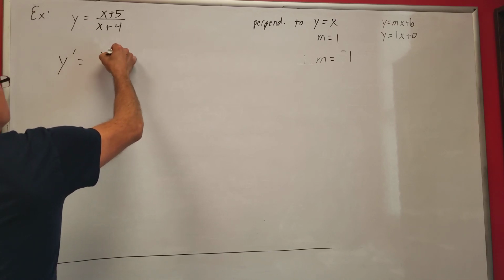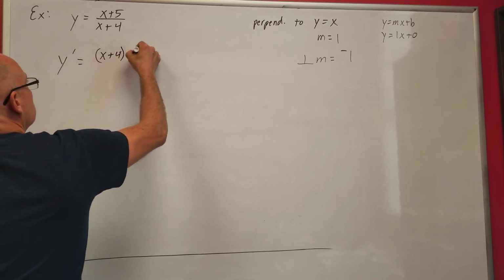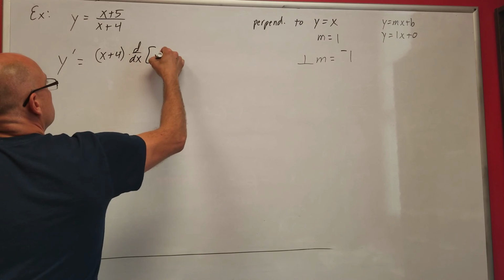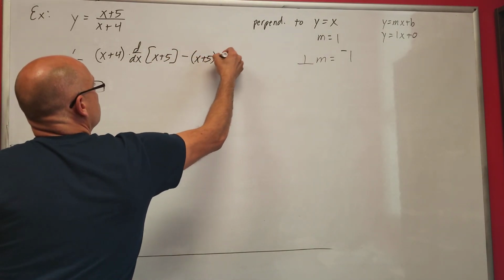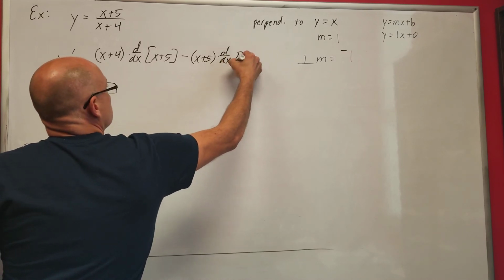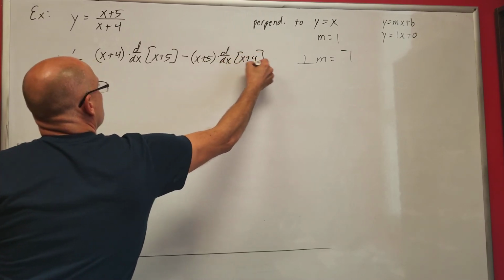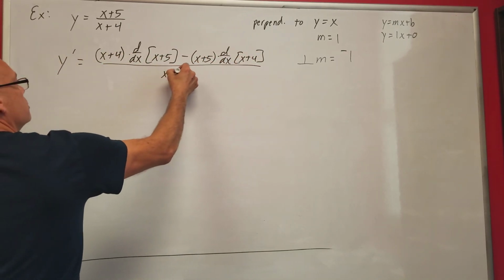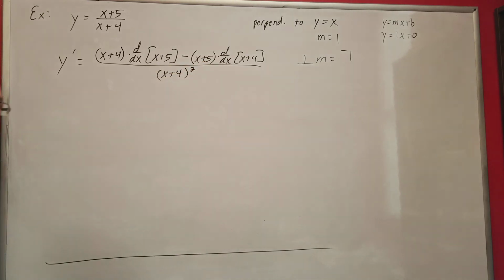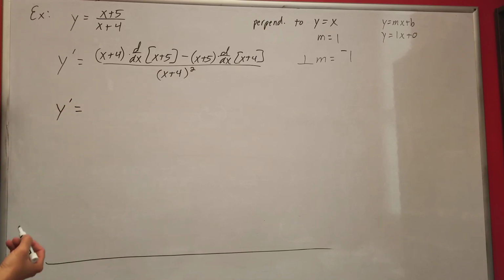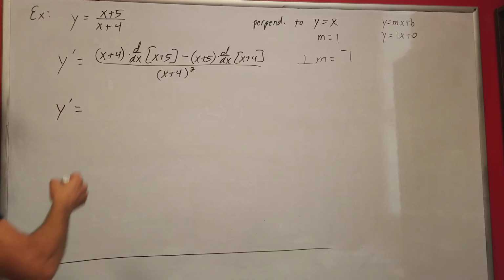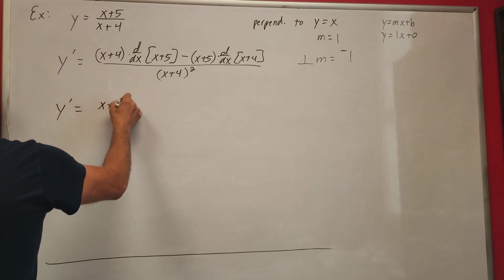Y prime is low d high minus high d low all over low squared. Remember, you're going to need to be able to write it fast like that because you're going to have a timed test on this, or a timed quiz, I should say. All right, so x plus 4.